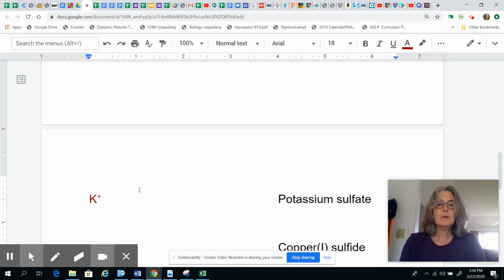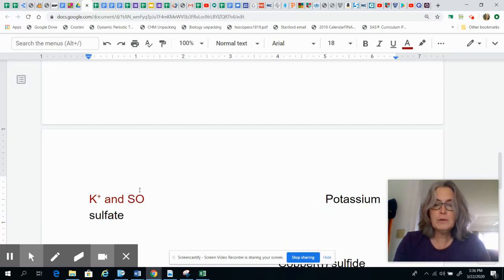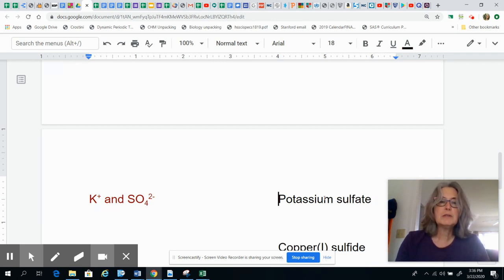And sulfate, you might have to look in your list of polyatomic ions. That's SO4, 2 minus. And we'll hit that with a couple back tabs.